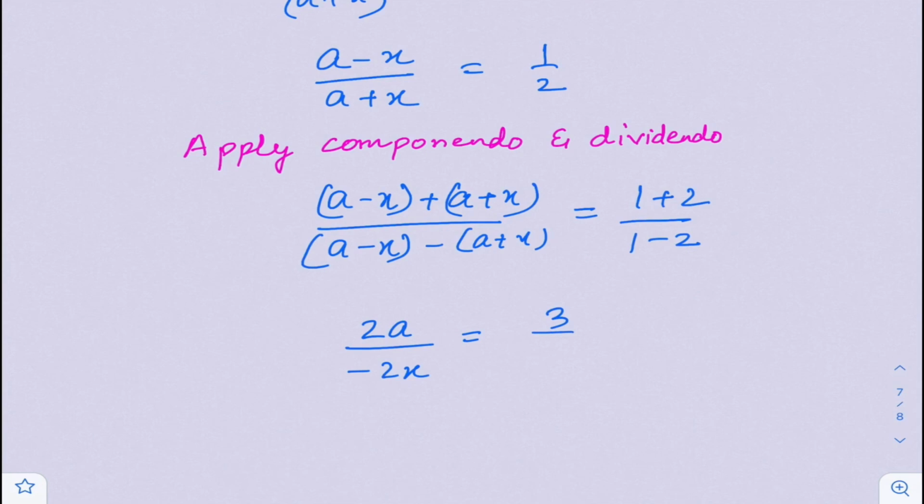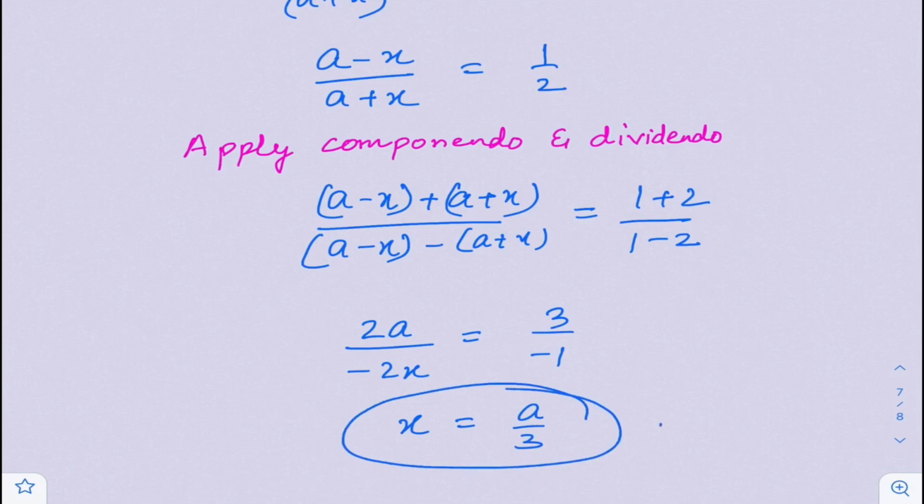Here also 3 over minus 1, minus is cancelled from both sides, and the value of x is coming a by 3. So this is the answer. I think they were asking to find out the value of x, so that's what we have done.